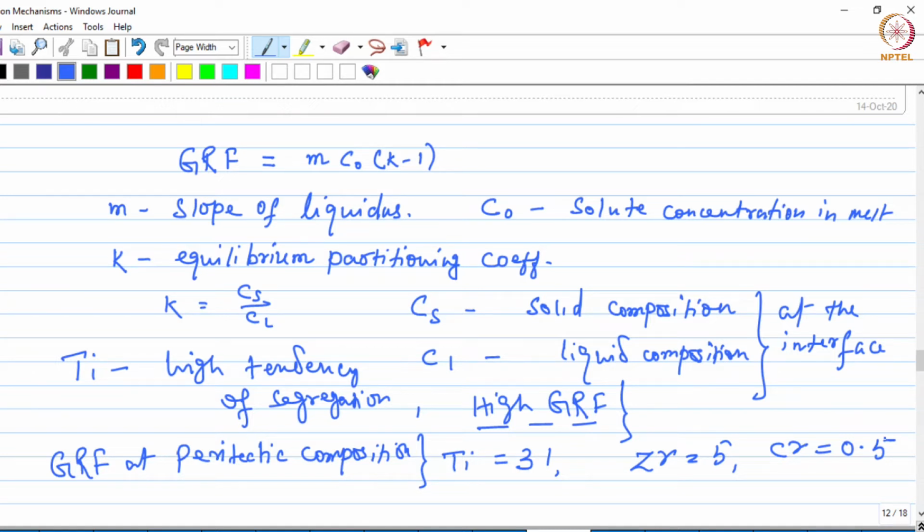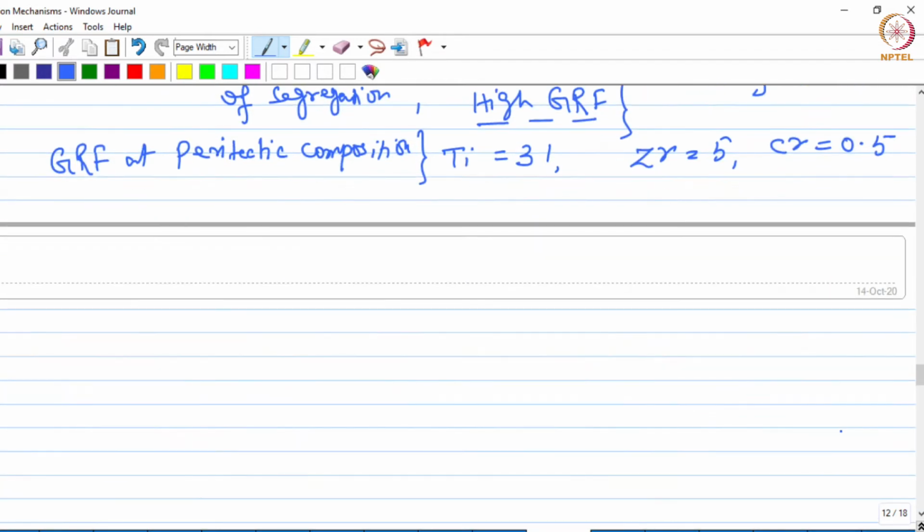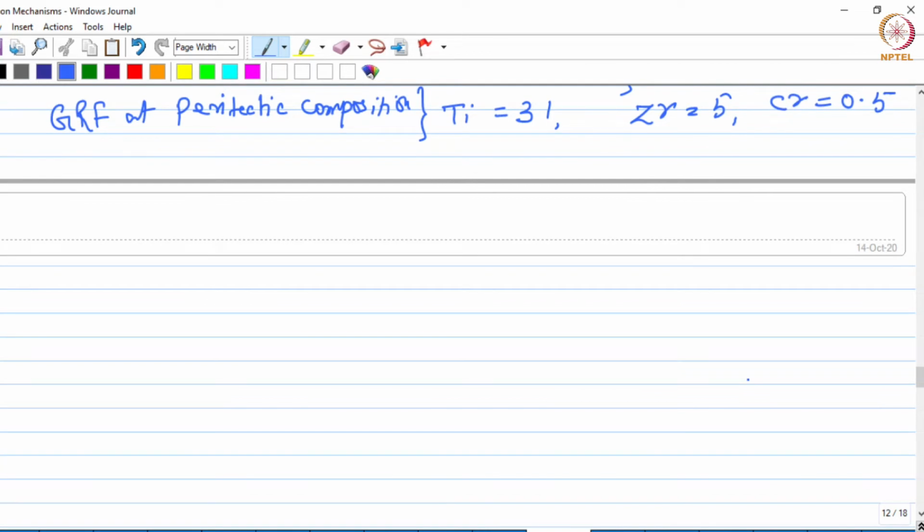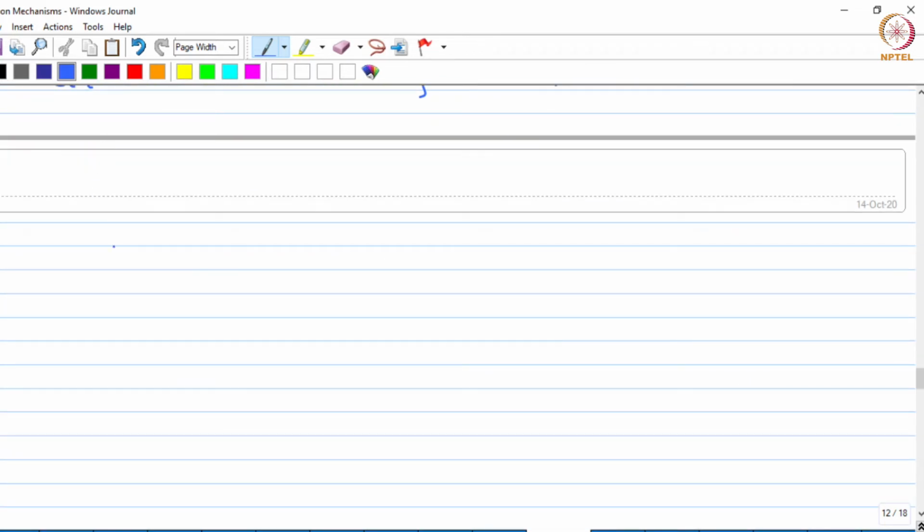And at some other compositions, particularly the concentration in which titanium is generally added for grain refinement, that is in this range, 0.01% titanium, the GRF for titanium is around 2.1.